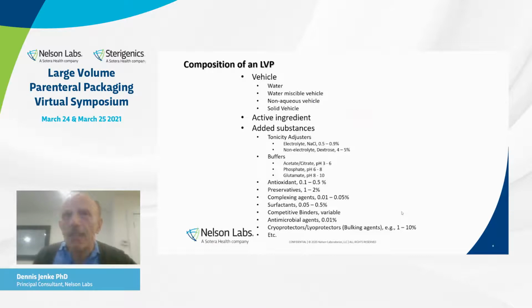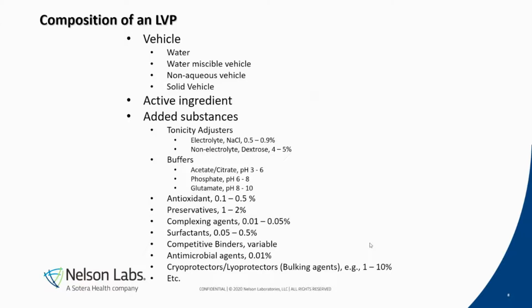The composition of an LVP, again, a vast majority of LVPs are aqueous or liquid. So the vehicle is either water, a water miscible vehicle, or a non-aqueous vehicle. The LVP dissolved in the vehicle will be the active ingredient, the drug substance.